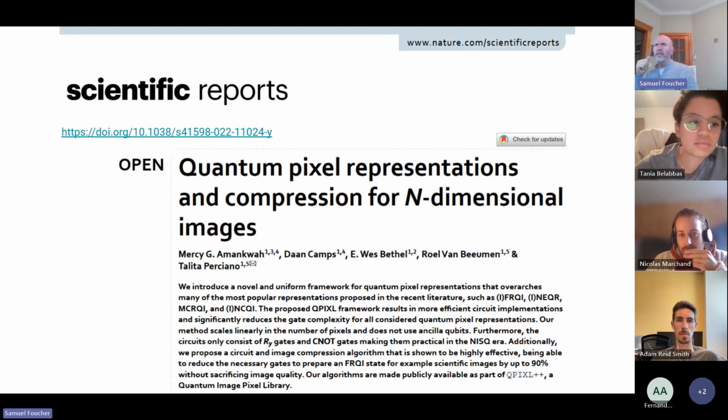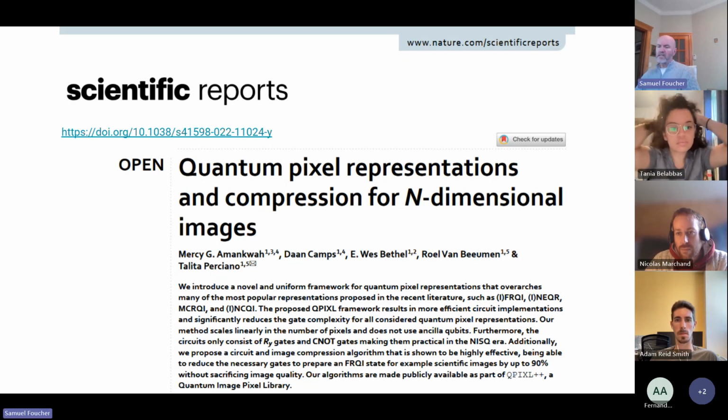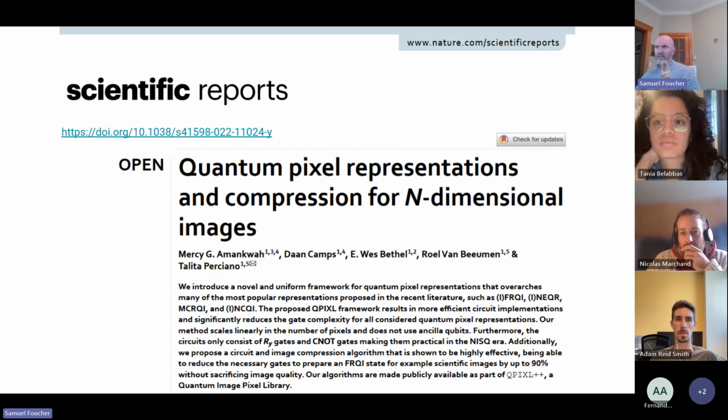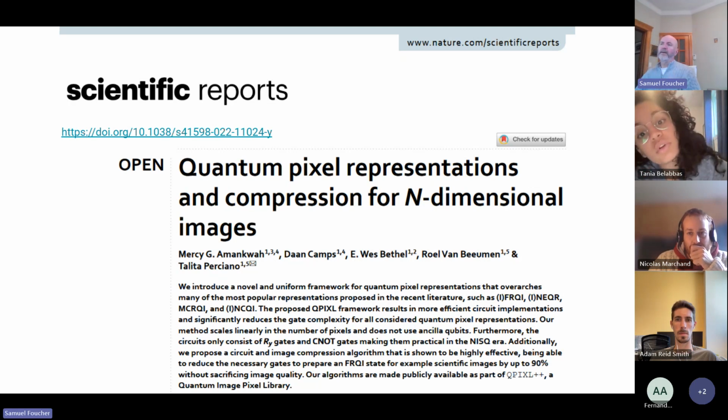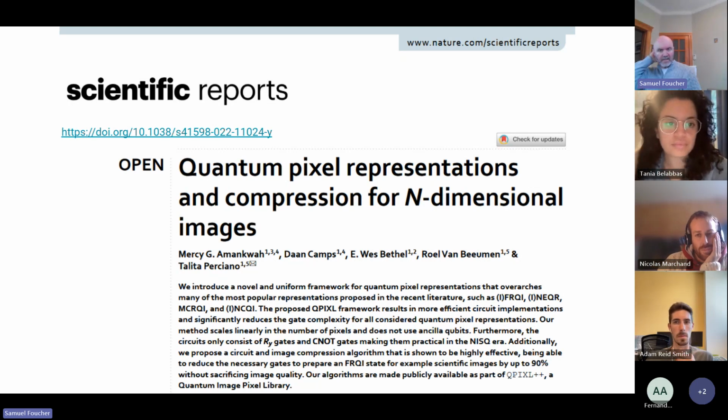It's an overview of different ways to encode an image. They cover multiple encoding schemes and discuss in particular what we call circuit compression, and not image compression. But we'll see after that it's probably related anyway.